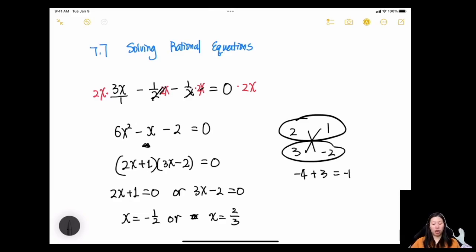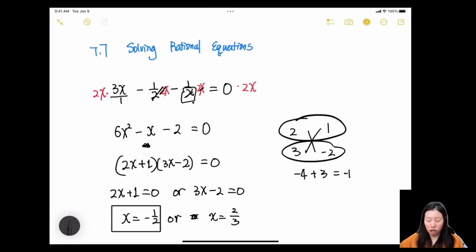You need to check x equals negative 1/2 in the original equation, especially the denominator. There's a denominator with x, so you need to make sure that it is not equal to 0. Since x is negative 1/2, it's still not equal to 0, so we're good. That means this is the correct answer, and so is this one.